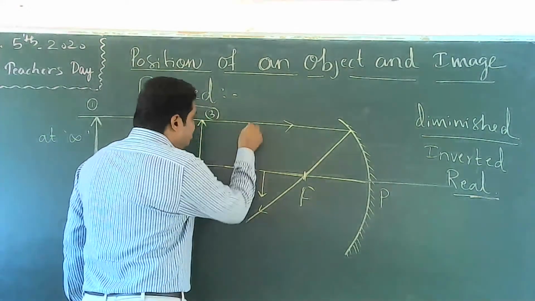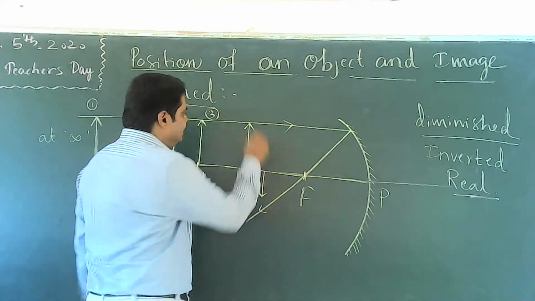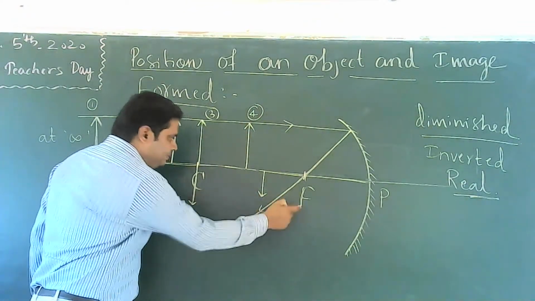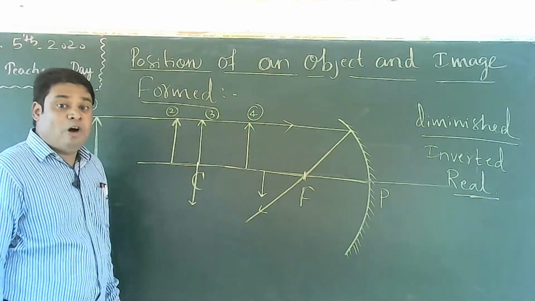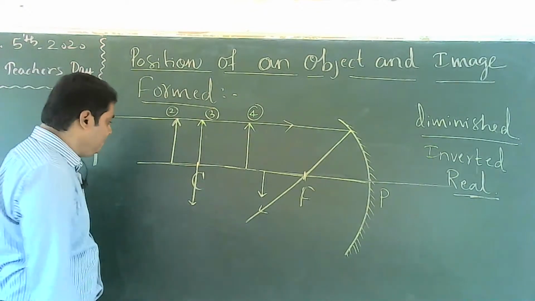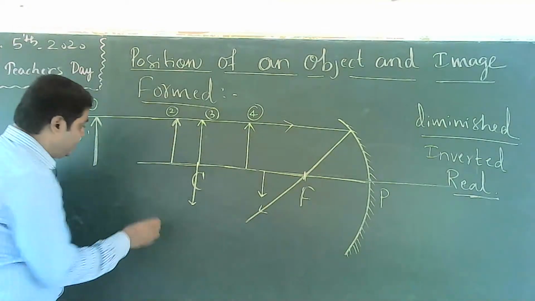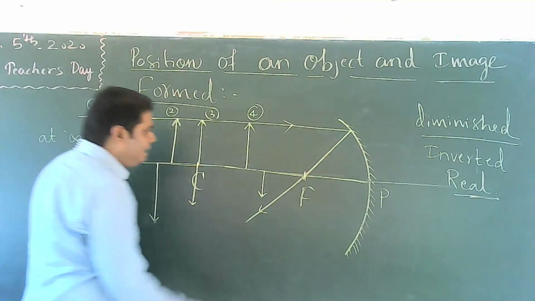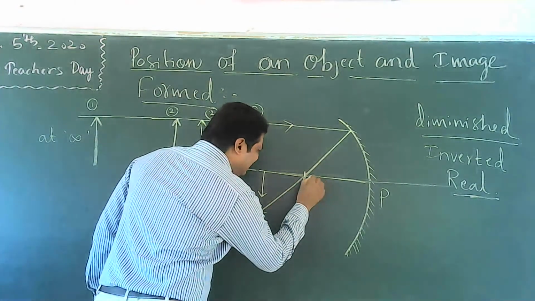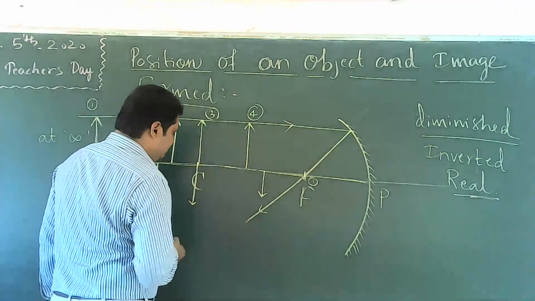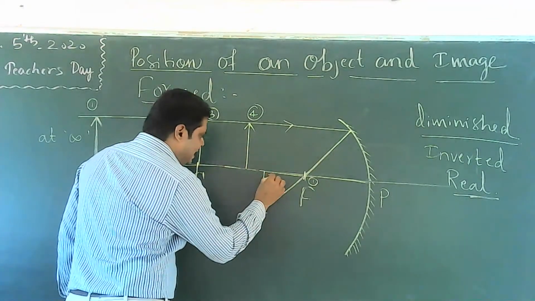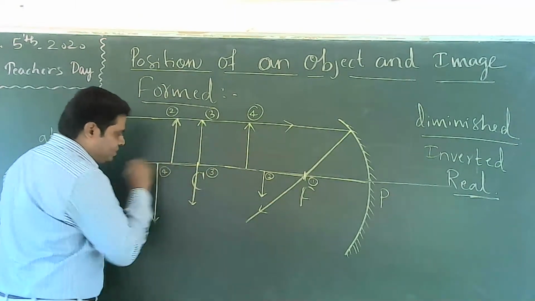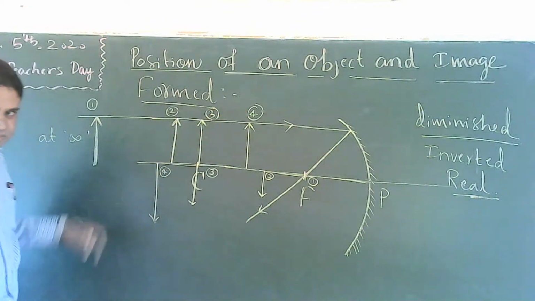The fourth position will be, imagine now your object is placed between C and F. When the object is placed between C and F, your image will shift beyond C. This is the position of the first image, the second image, the third image, and this one is the fourth image.